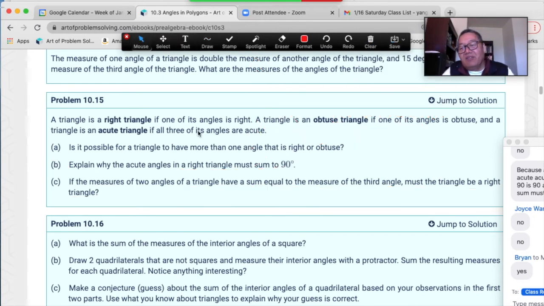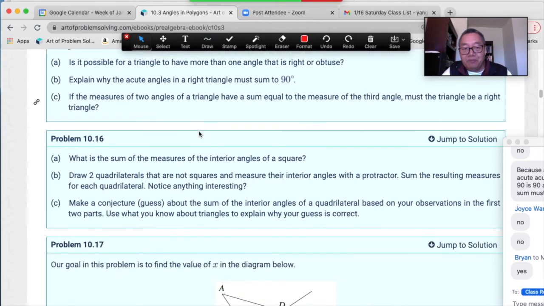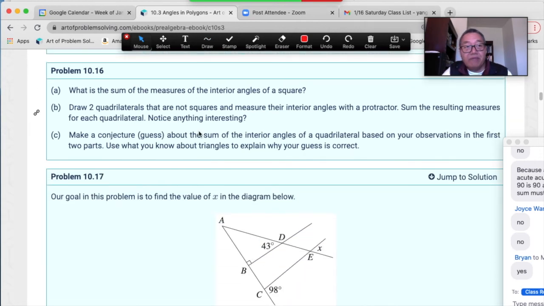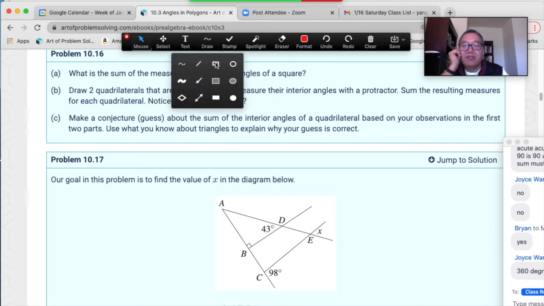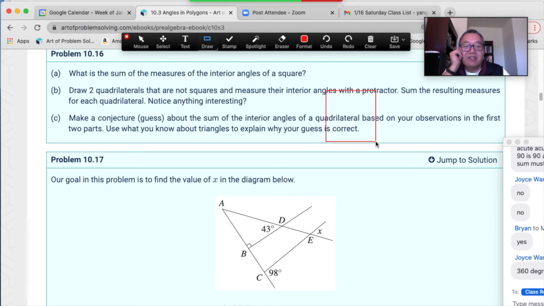So now let's go to the next problem, 16. They ask you what is the sum of the measures of the interior angles of a square. You know, for a square, each angle equals 90 degrees, right?